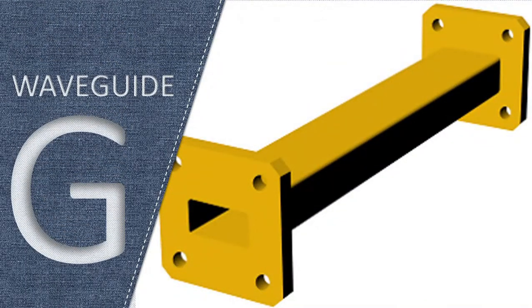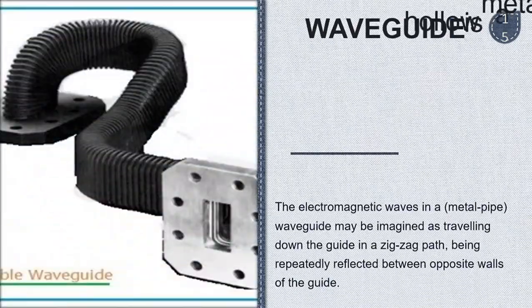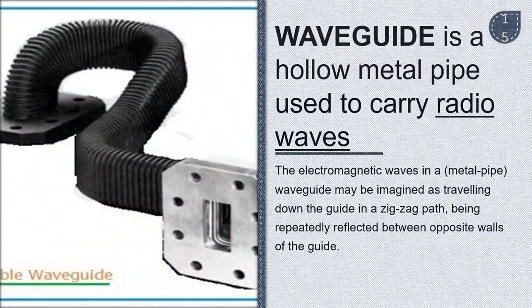Now let's move on to letter G, waveguide. This type of waveguide is used as a transmission line mostly at microwave frequencies for such purposes as connecting microwave transmitters and receivers to their antennas in equipment such as microwave ovens, radar sets, satellite communications, and microwave radio links.